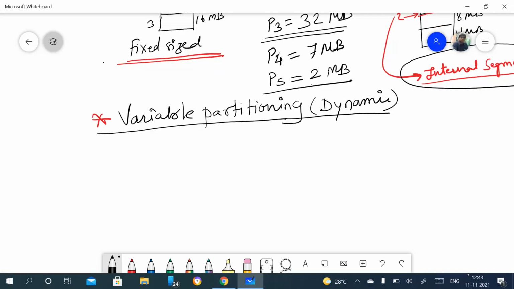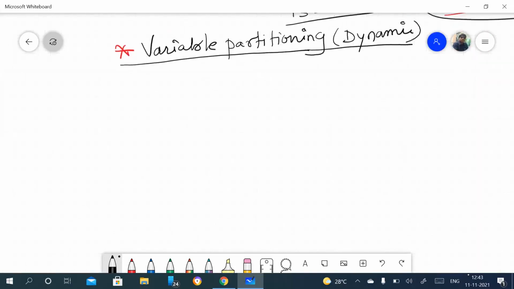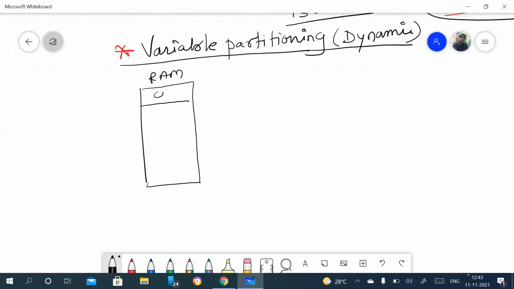Now we'll consider an example so that you will understand this. Suppose this is RAM. The first part is reserved for the OS. Here in advance we cannot keep the slots, so the whole memory is available for every process right now because this is the beginning. Now consider one process, P1, of 2 MB.